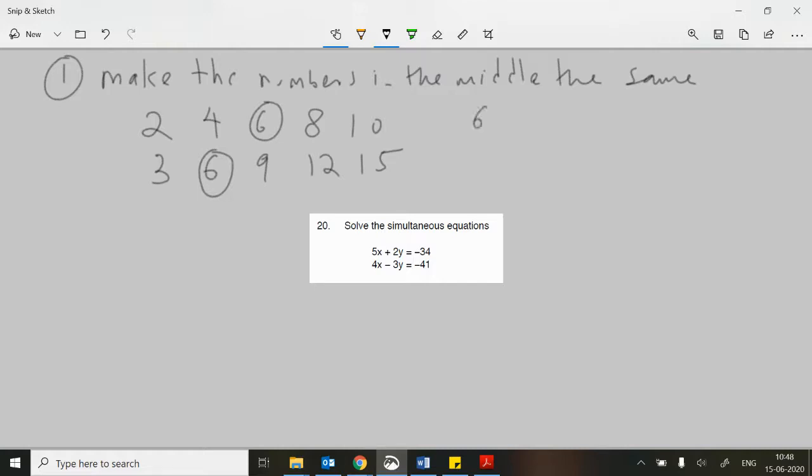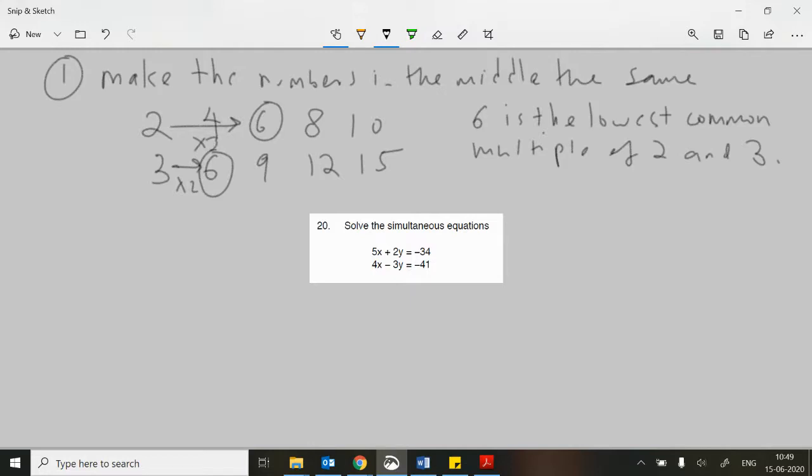So 6 is the lowest common multiple of 2 and 3. Okay, so we're going to do 3 times 2 to get to 6 and 2 times 3 to get to 6 as well.